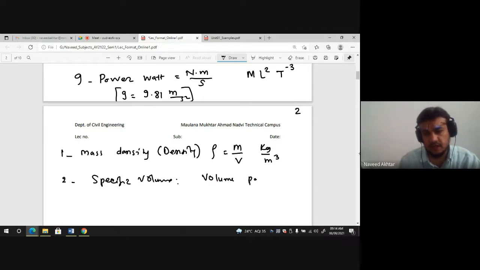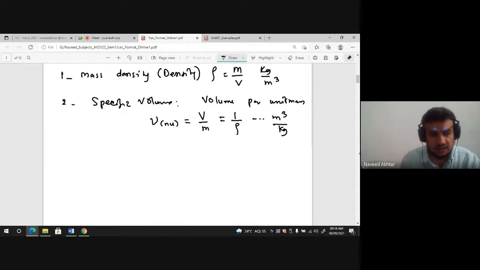It is denoted by nu. Nu is equal to V upon m, that is nothing but 1 upon density, 1 upon rho. It is measured in meter cube per kg. Write down all this formula.